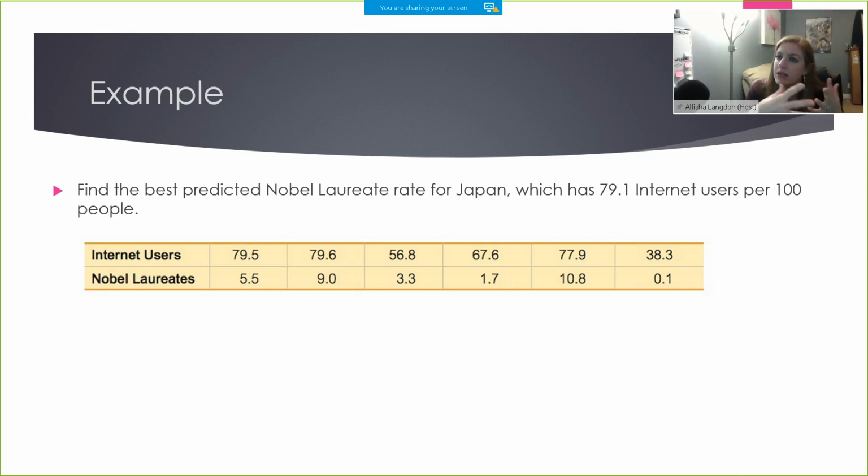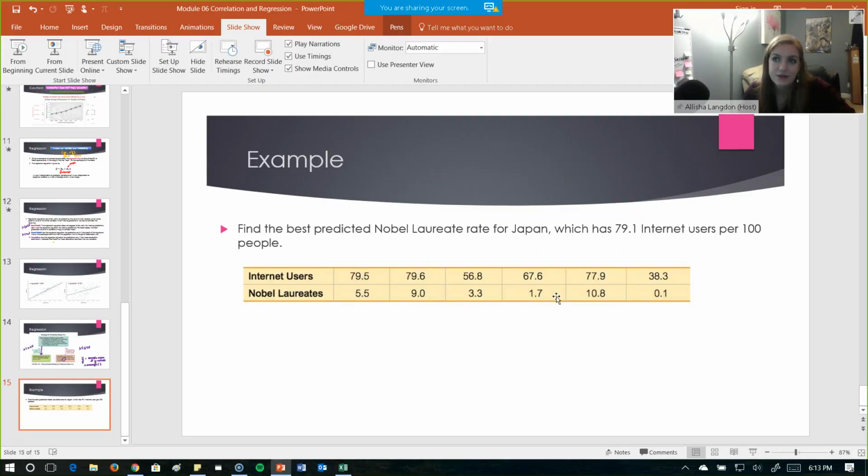So they're comparing internet users versus Nobel laureates. If there's more internet users, does that increase the Nobel laureates? It's the same idea as chocolate here, people. There's really not going to be causation, but we can see if there's a correlation. So be careful between those two. Causality and correlation are 2 different things.